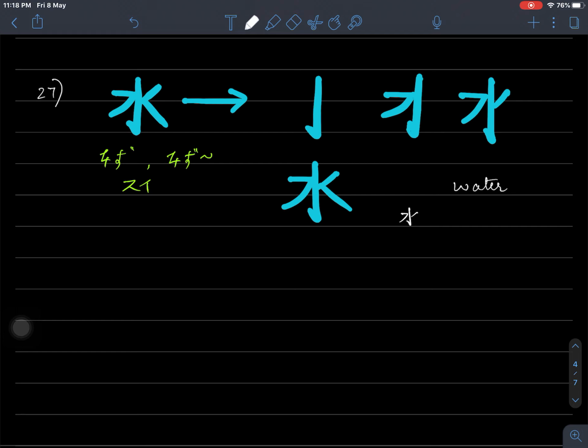Again, there is a day which is named for, I imagine, Mercury. I think Mercury is associated with water. I think I screwed up the stroke order. Let me do that again. The stroke orders can be a little difficult.